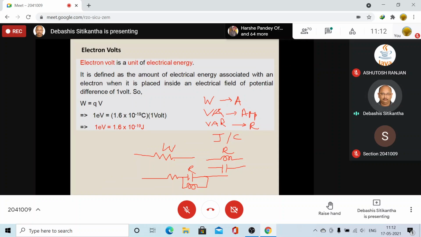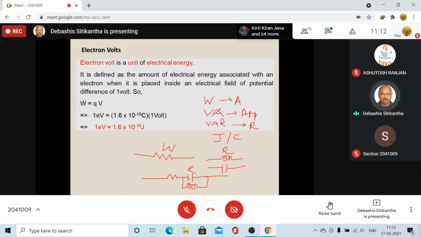Whereas in order to rotate that fan, we require a magnetic field. That magnetic field you cannot see or realize in practical life. The power that is used to create this magnetic field in the fan coil is known as reactive power.